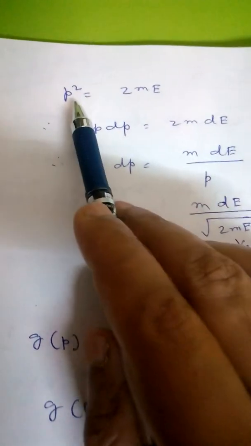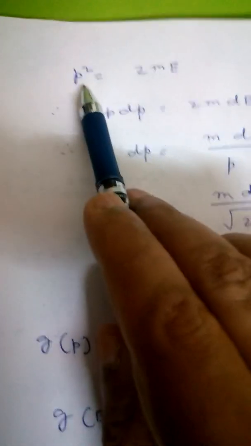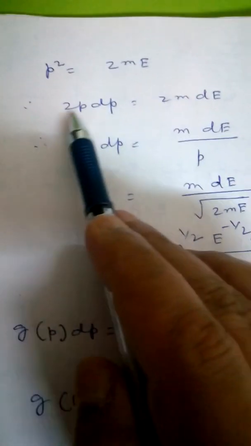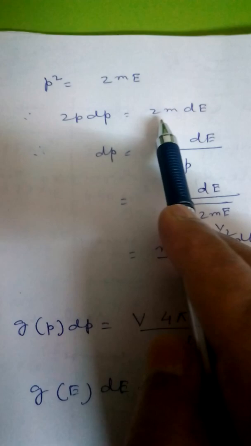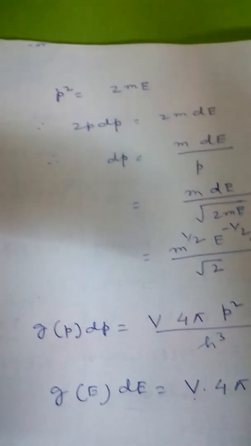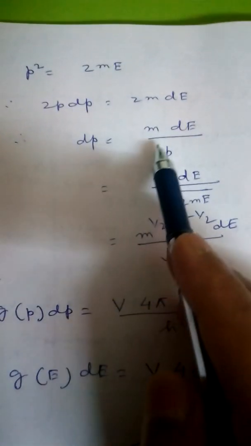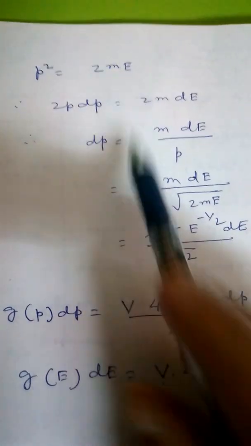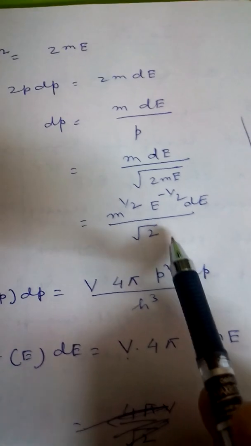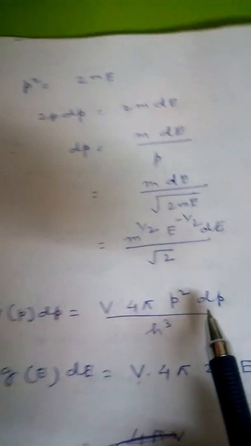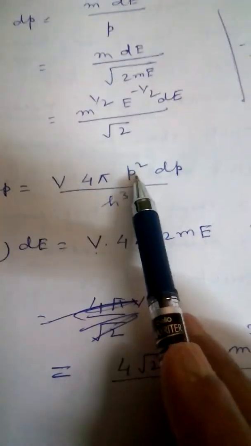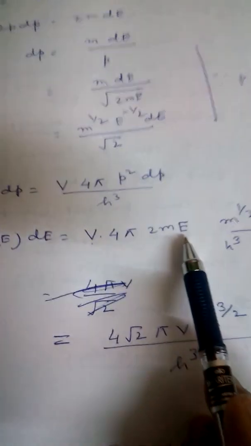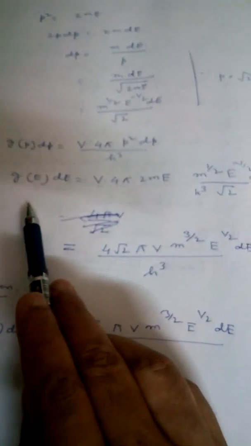So we may start with the expression p square equals 2mE. Differentiating both sides, 2p dp equals 2m dE. Therefore dp equals m dE by p. In place of p we may put root over 2mE, and this is the expression of dp. Let us put the value of dp here, and in place of p square we put 2mE. So g(p)dp equals this.